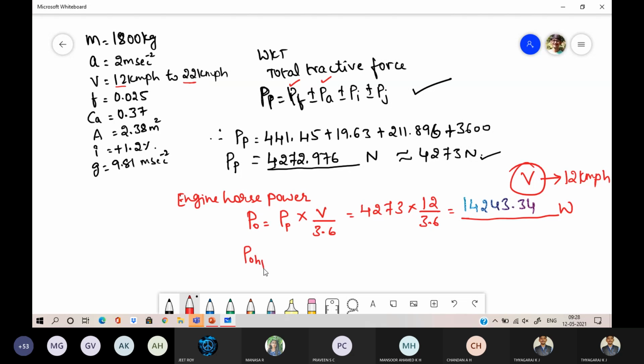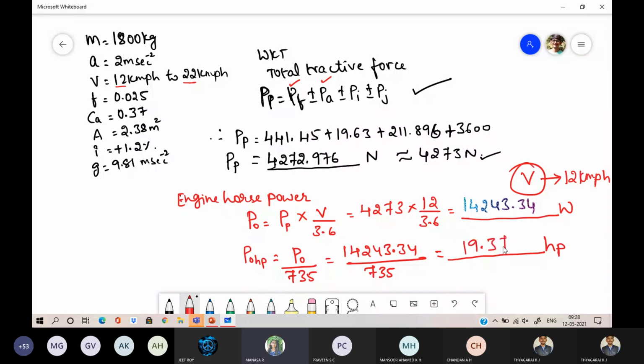So P naught HP is equal to P naught divided by 735. From converting the watts to HP, you have to divide it by 735. So 14243.34 divided by 735, which is equal to, in terms of HP, horsepower. I think you will get 19.37.